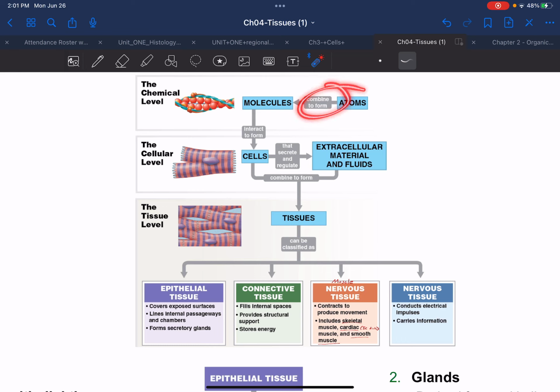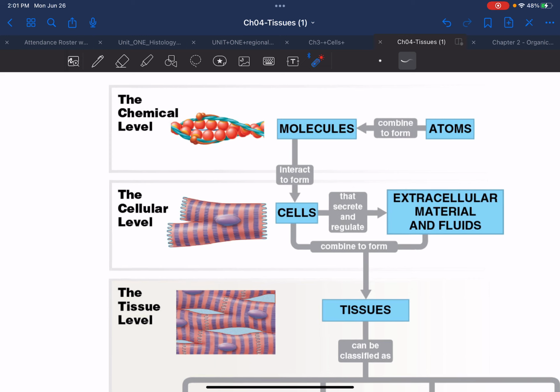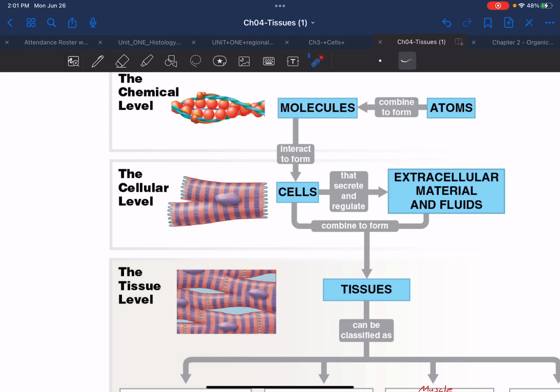And then molecules are those organic compounds we talked about: lipids, carbohydrates, nucleic acids, and proteins. All together, they're the building blocks of cells. Cells have a nucleus, they have all those little organelles, and they're capable of secreting things to the outside environment called the extracellular matrix or extracellular space. Extracellular material and fluids can be secreted, and they're regulated by the plasma membrane on the surface.